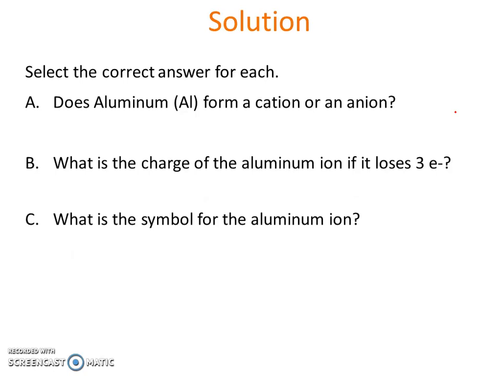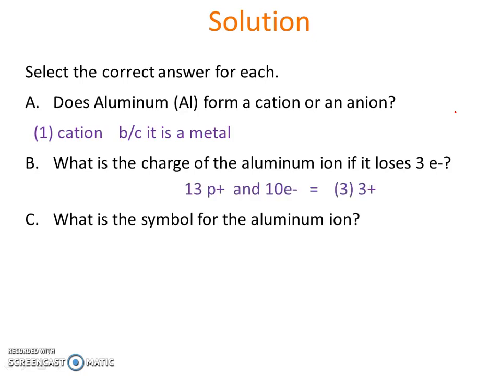So aluminum is a metal. We know that because it's shiny and silver. So it will form a positive cation. What will be the charge if it loses 3 electrons? If it loses 3 negatives, then it actually has 3 more positives than negative charges.